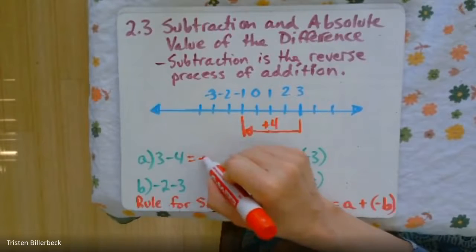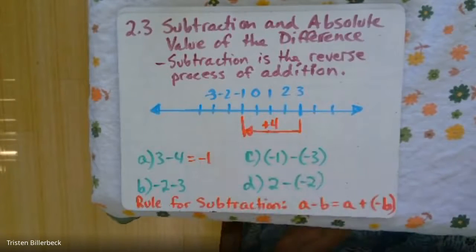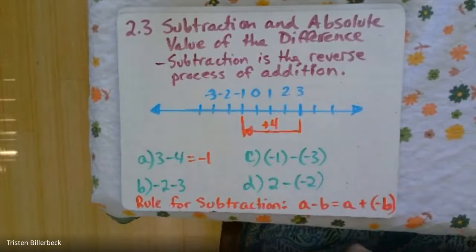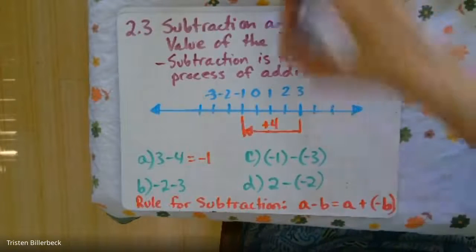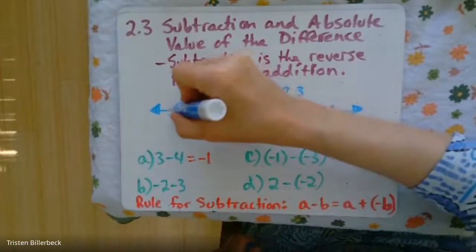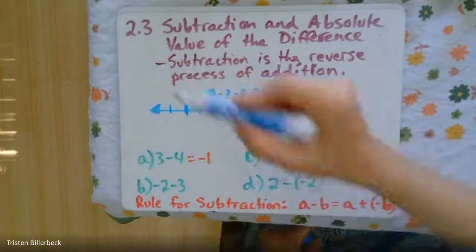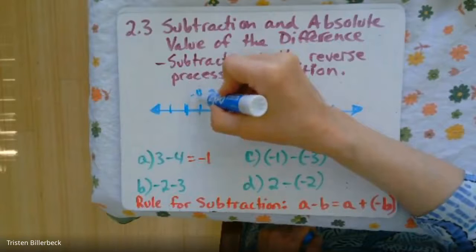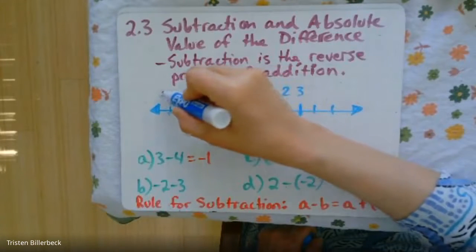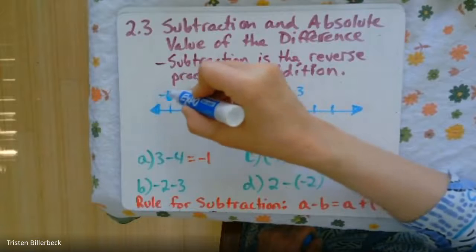So this equals -1. Now, if we looked at -2 minus 3, let's add a few more of these. So we have -4 over here, -5, and -6.